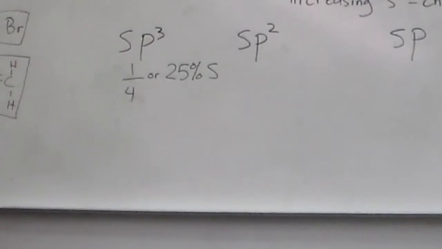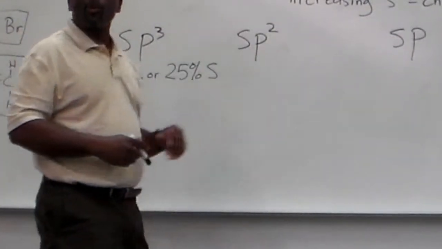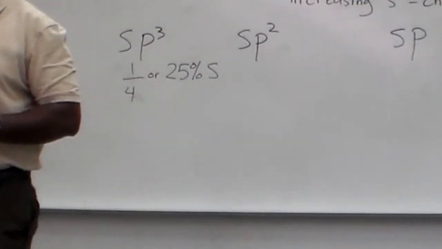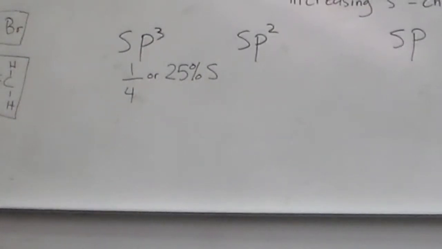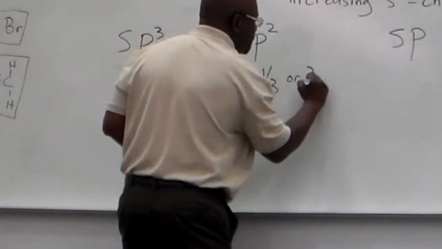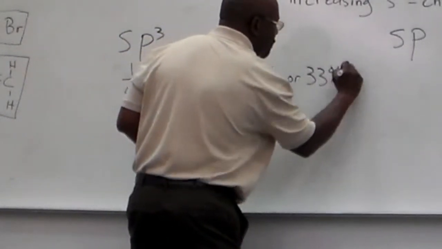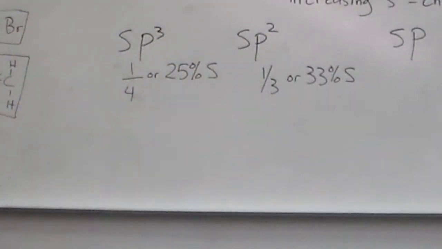If I look at sp2, how many total orbitals do we have? 3: 1 s, 2 p, total 3. Of those 3 orbitals, what percentage is s? 1/3, which is 33%. In sp, I have a total of 2 orbitals.